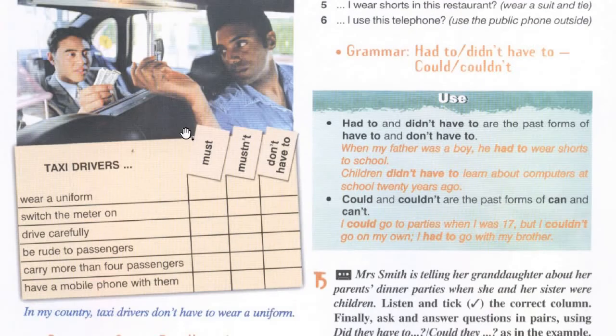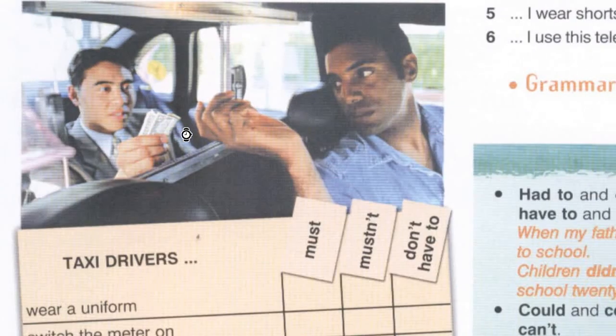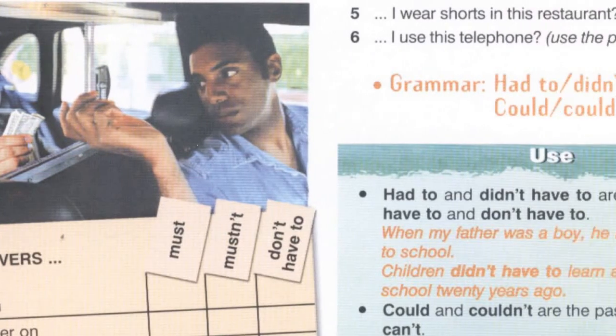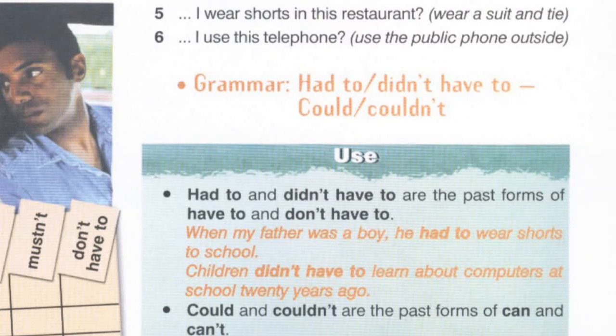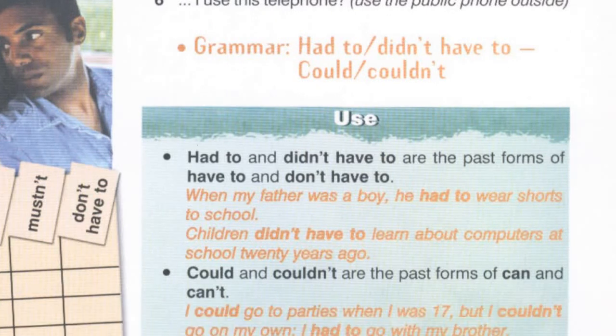Let's move to another part, which is grammar. Okay, look at another grammar. So the grammar we completed, remember, now we're going to start another grammar, and the title of this part is had to, didn't have to, could, couldn't. These are just the past form of the situation we had.